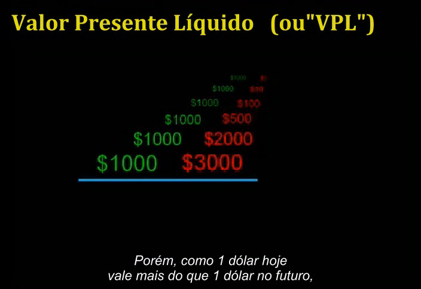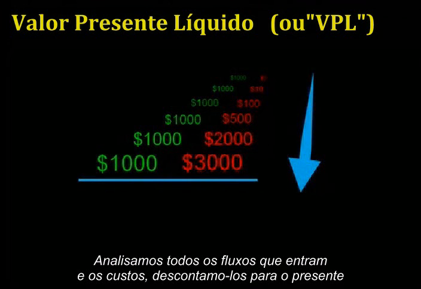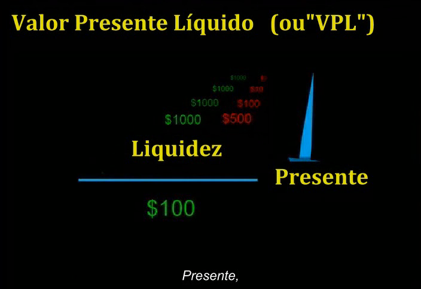Since a dollar today is worth more than a dollar in the future, however, the future cash flows have to be discounted and brought back to the present. We net all the cash inflows and costs, we discount them back to the present to determine if the thing we are measuring has a positive or negative value. Net, present, value.